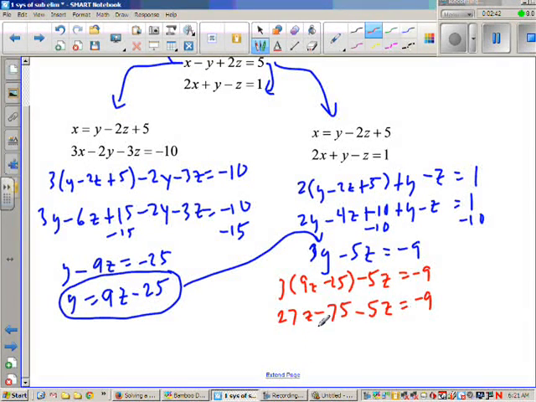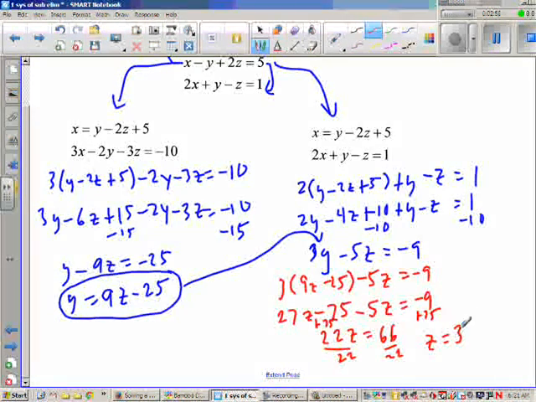Combining my terms, I get 27 minus 5 is 22z. Adding 75 to both sides, I get equals 66. Divide by 22, z equals 3.